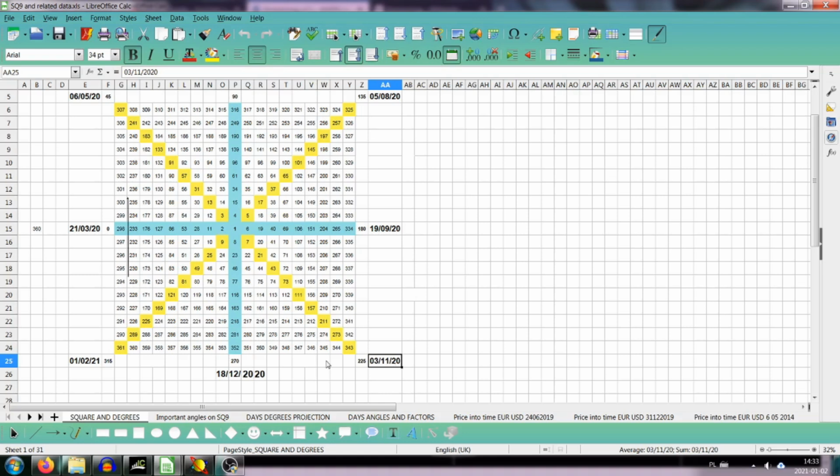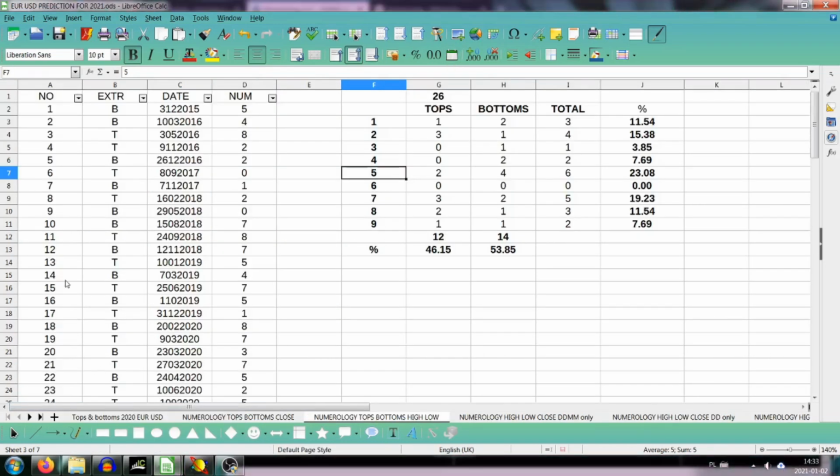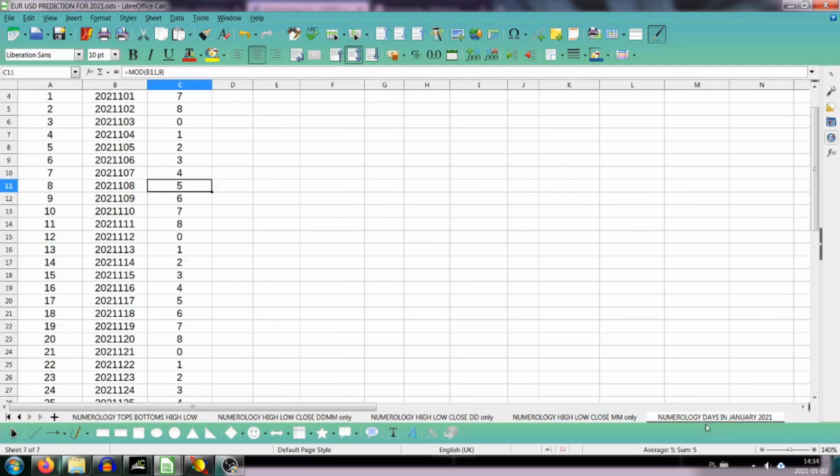And what I've got in my calculations made over here as well, it seems that number 5 as a numerological value of the date in 2021, the first time will appear on numerological days for January 2021. I've got them over here.